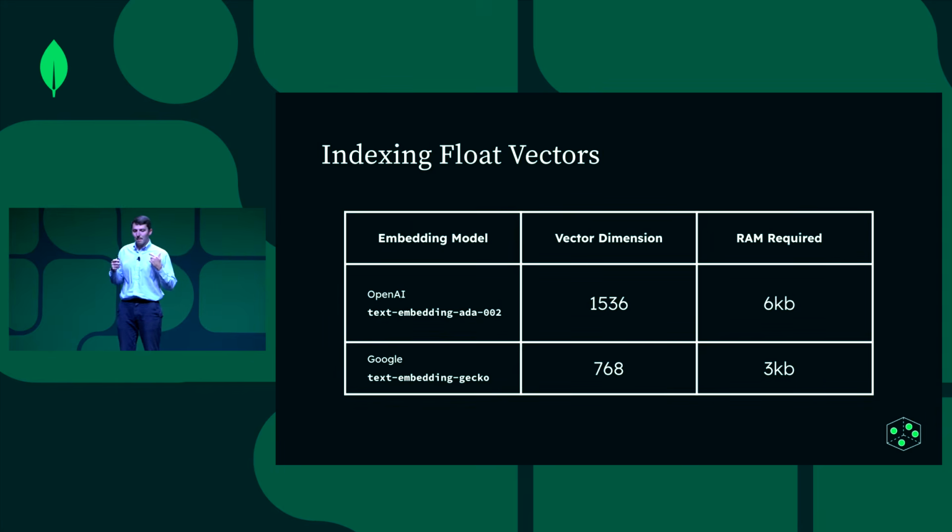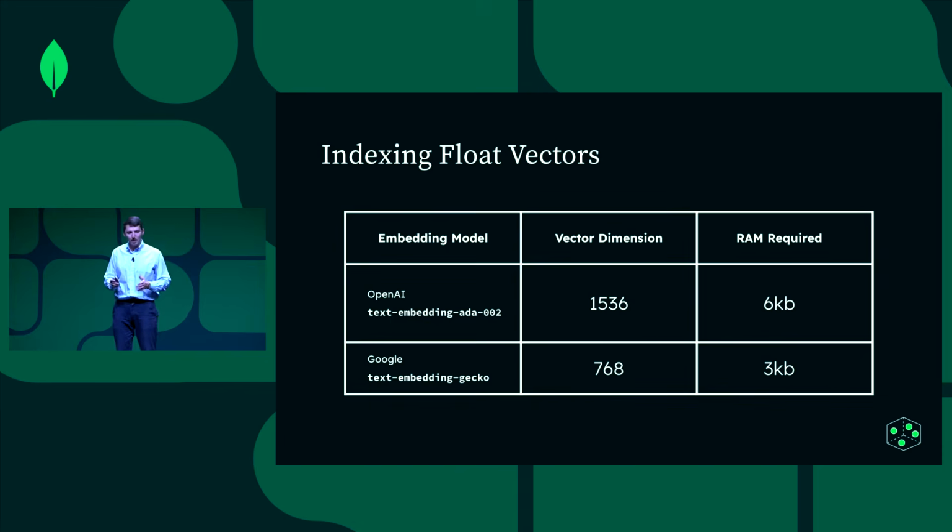I think it's been a big thing holding back vector indexes that they have to be memory resident. It's a property that is inherent to an unquantized index, but it doesn't have to be this way necessarily. If you look at the resource requirements for a model that was really popular a while ago, but probably I should update my slide, text embedding A2 is 6 kilobytes for 1536 dimension vectors.